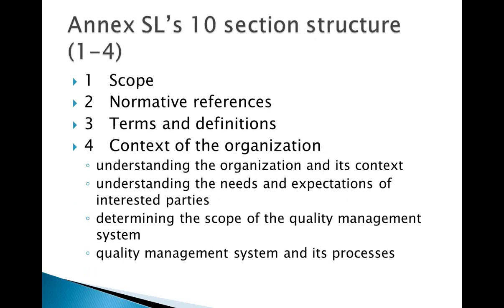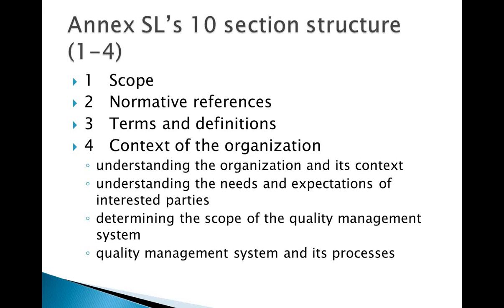Let's take a look now at the 10-section structure that is mandatory from Annex SL. The first 3 sections are called Scope, Normative References, and Terms and Definitions. We're actually going to work our way back to those. I've got a separate section for those. The auditable content of the standard begins in Section 4.